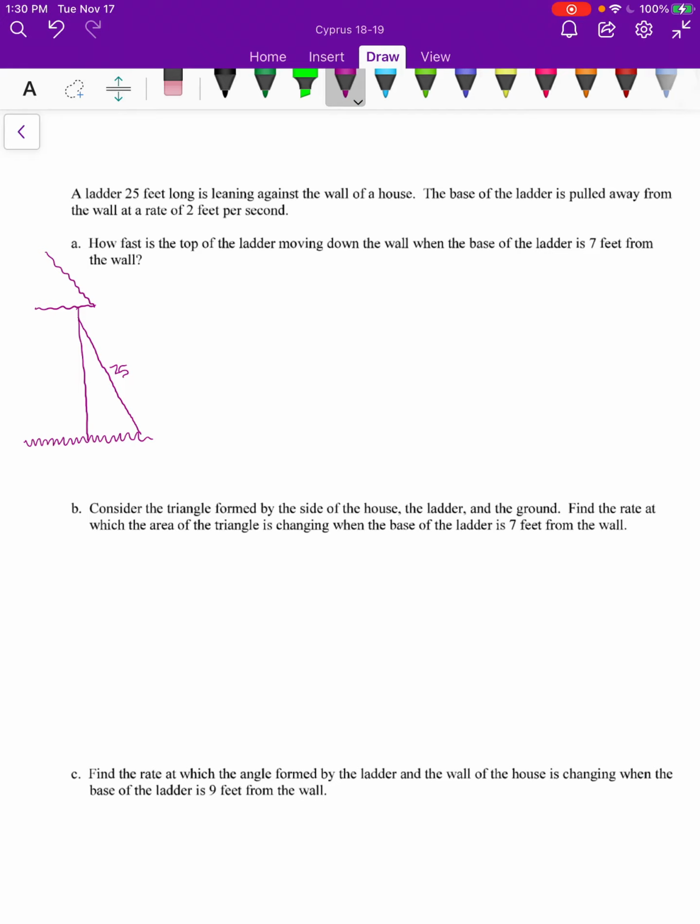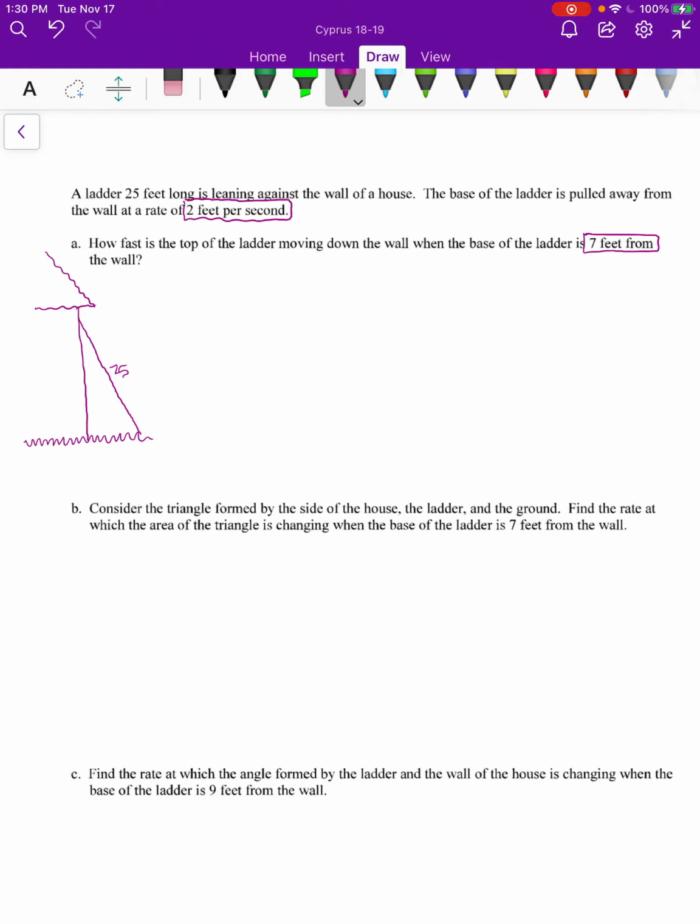Circle, highlight, underline important information because we don't have that organizer here on this problem. They tell me the base of the ladder is pulled away at a rate of 2 feet per second. And they want me to find how fast the top of the ladder is moving down the wall when the ladder is 7 feet from the wall.